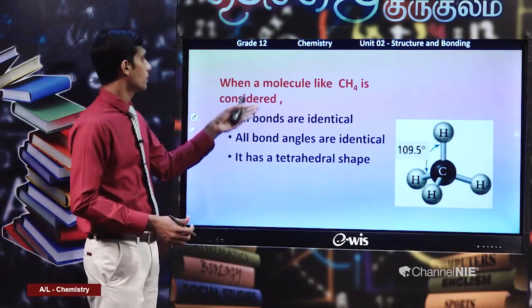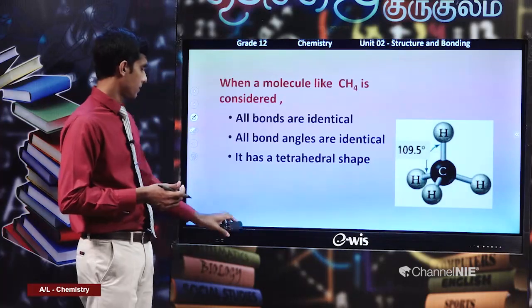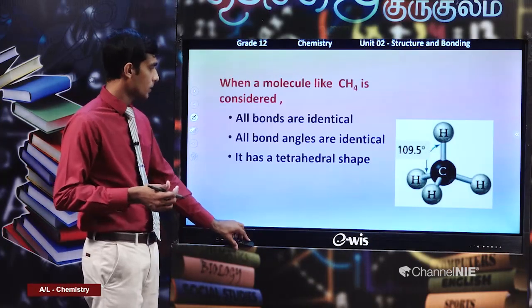Now, when we consider a molecule like CH4, but before CH4, I will explain a very simple molecule, for example, the water molecule.